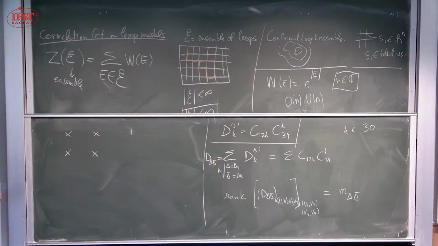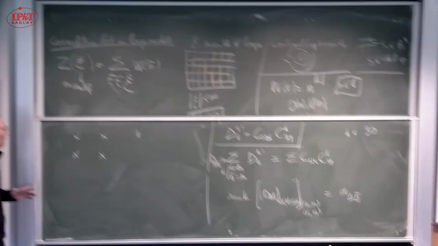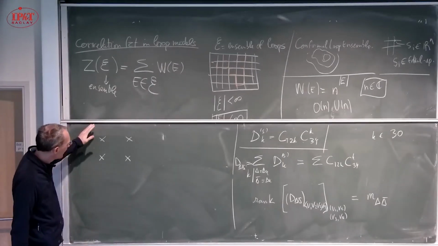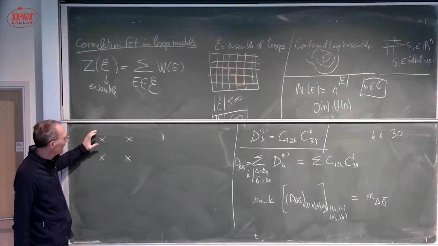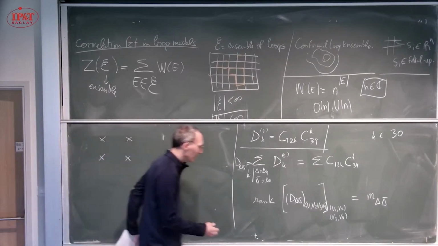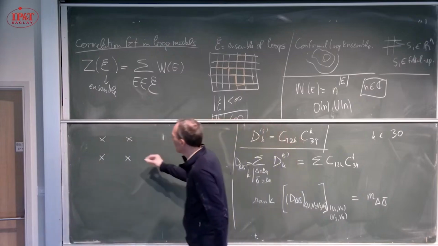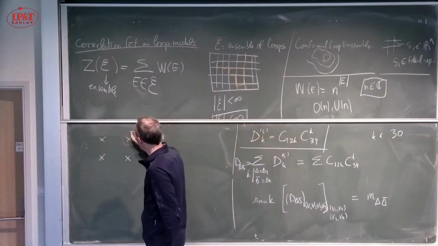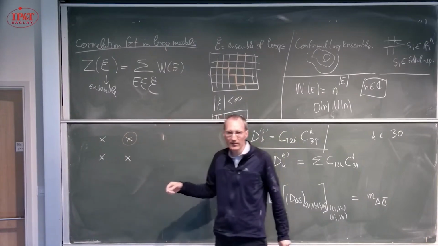I want to introduce punctures, but I don't want to break conformal symmetry eventually. And so the weight of the loops can depend on how loops are positioned with respect to this puncture. Like if a loop goes around this puncture, I could decide it has a different weight.